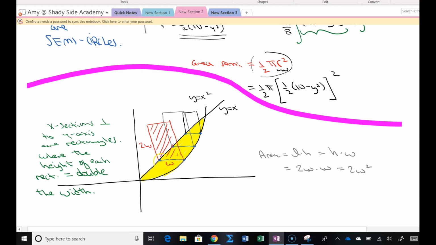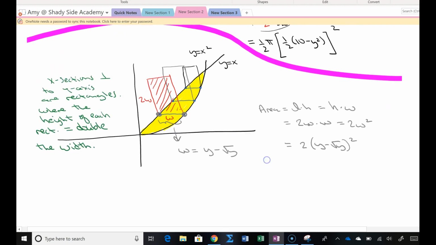But in this case, w is the horizontal distance between this upper curve and this lower curve. So I know that the width, this distance here, w equals y minus root y, right? So if w equals y minus root y, then the area of one of those cross sections is 2(y minus root y) squared.